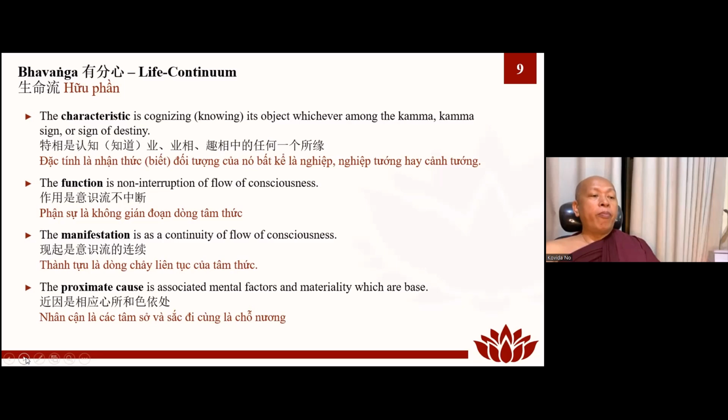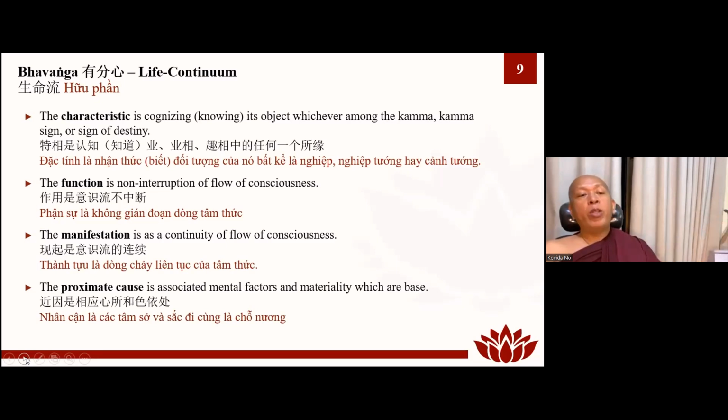Then again, the proximate cause is associated mental factors and materialities which are the base. So this Bhavanga life continuum is also actually a function of residing consciousness in our life. In this very life, we are born with the residing consciousness.